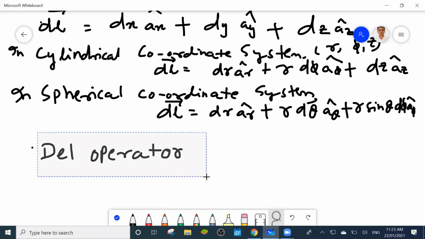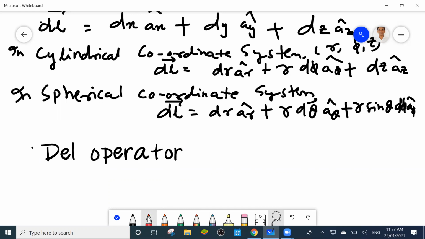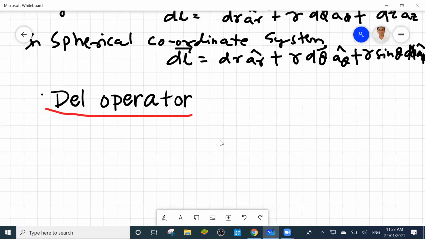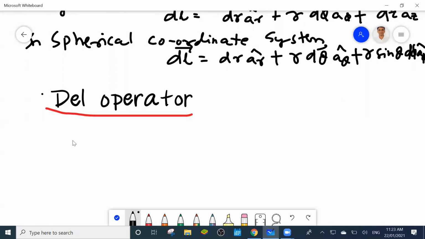So all of you know del operator. In Maxwell equations we write del dot D, del dot B, del dot E. In this case, the del operator definition also we write in three different coordinate systems. What is the value of the del operator? You can write it in terms of the curvilinear coordinate system.